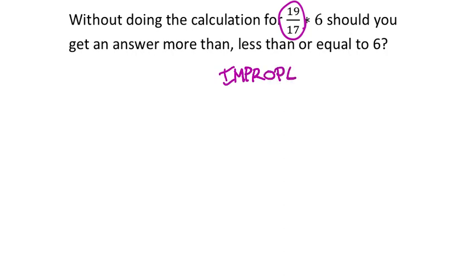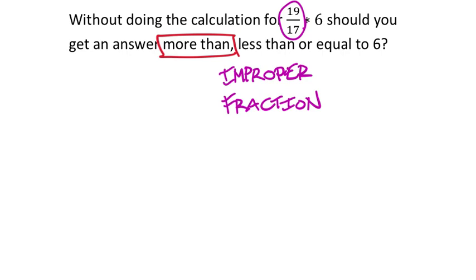And since it is an improper fraction, I know that my answer will be more than 6. And again, that's because 19/17 is more than 1. And then I know that the answer is going to be more than the other factor.